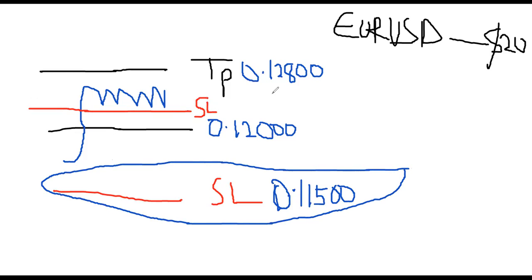You agree with me that the new value you now get for your stop loss will never be the same as what you had previously. So your new value for your stop loss will now be what? Let's say your new value is 0.12400. That's 40 pips ahead of the entry point.